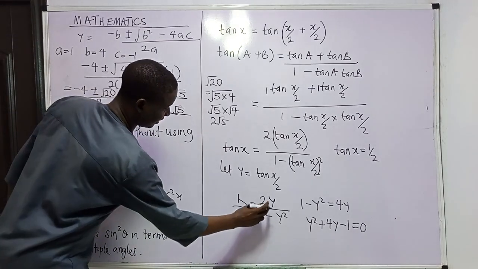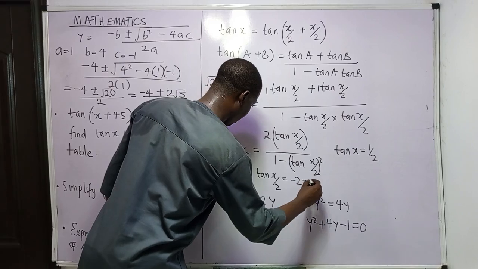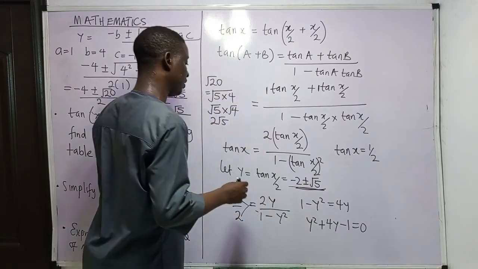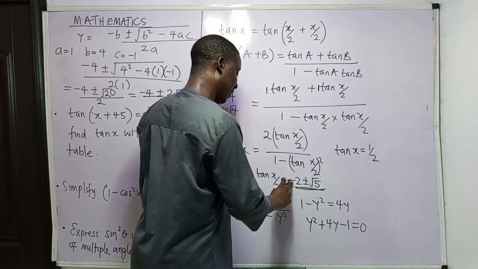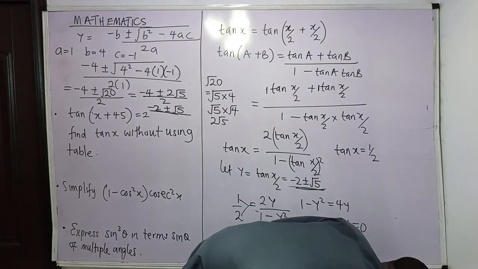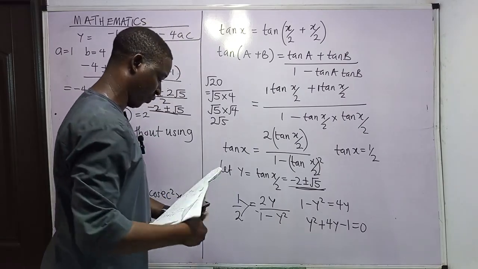If y is equal to that, the two answers are minus 2 plus root 5 and minus 2 minus root 5. So we check our options and see what is there in the options given for us.